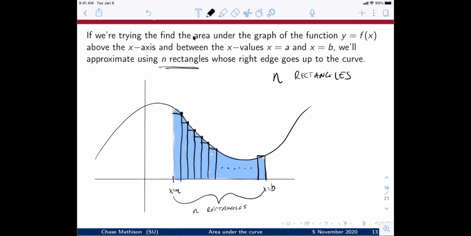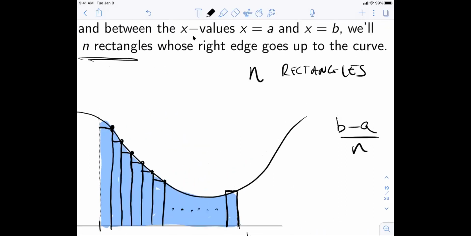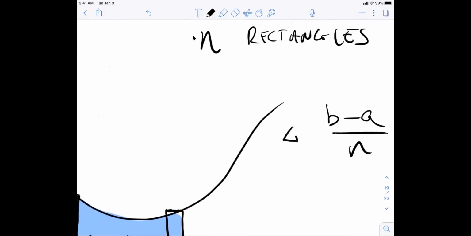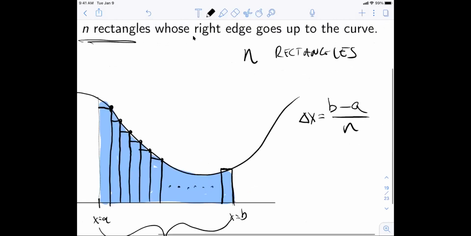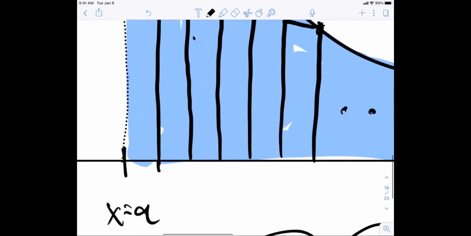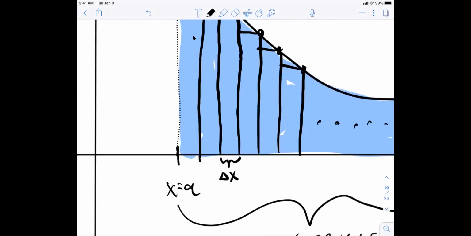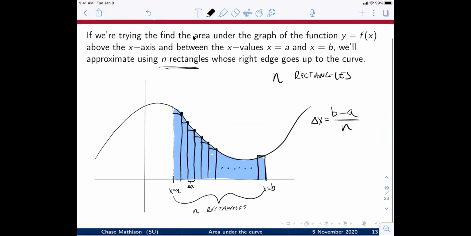I'm trying to fit n rectangles into a length of b minus a. Well, I just divide n into b minus a. That's b minus a over n, right? How many times does n go into b minus a? This gives me my width, which I'm going to call delta x. This is the width of each of these rectangles. Delta x. So fixed width, okay?